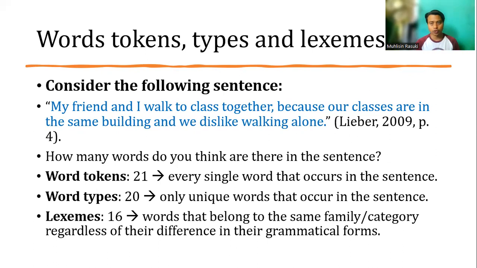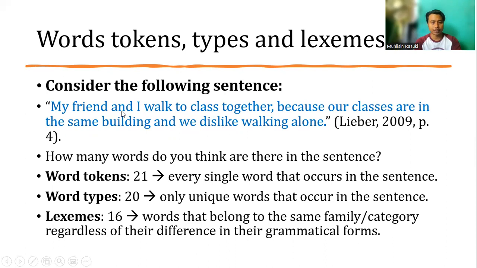The previous one is word tokens, but the second one is word types. What is meant by word type is that you only count the unique words that occur in the sentence. By unique words I mean distinct words, but for the same word, you count it as one.